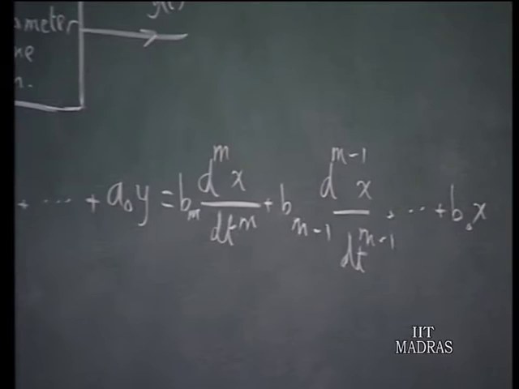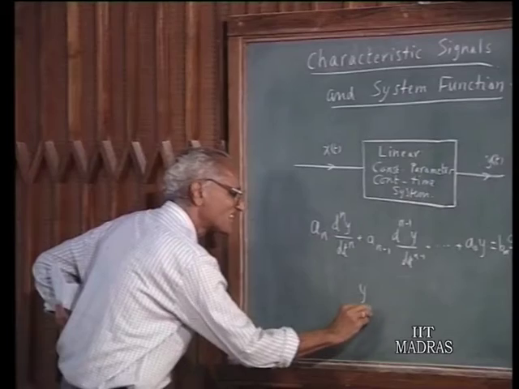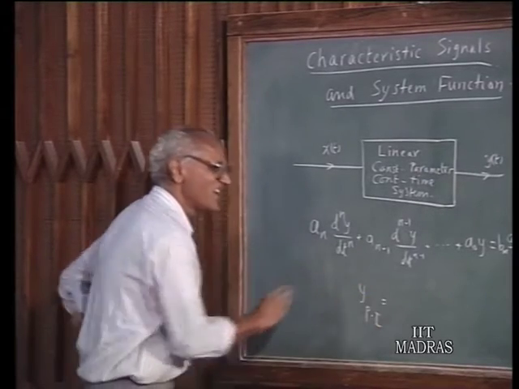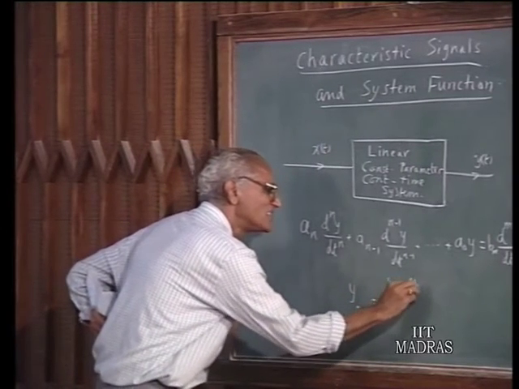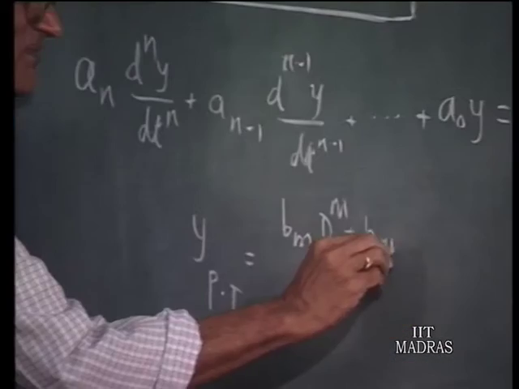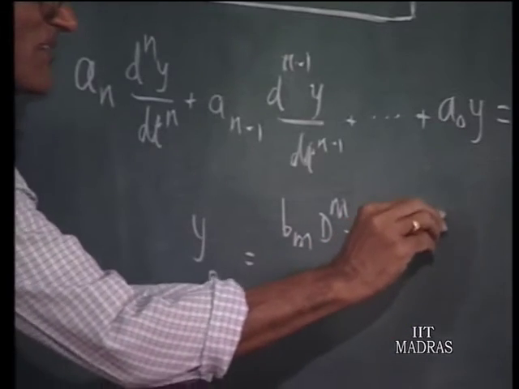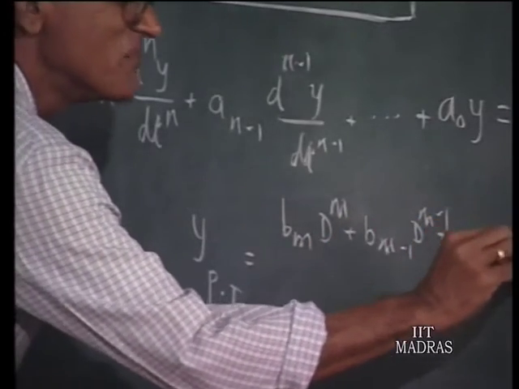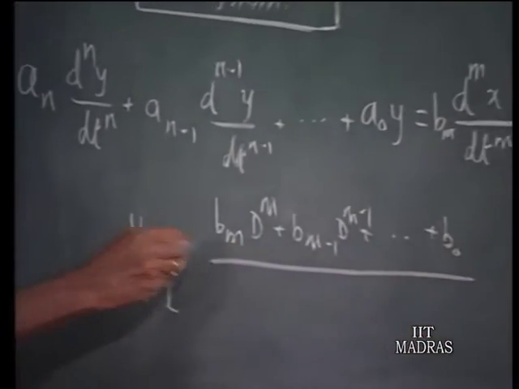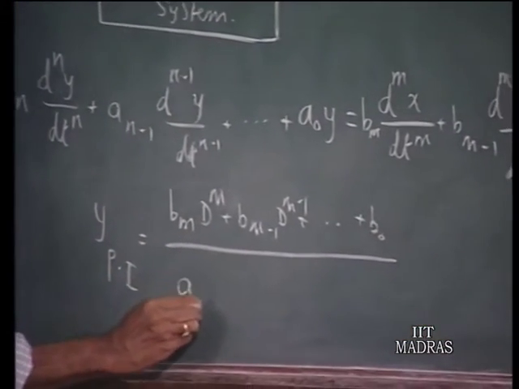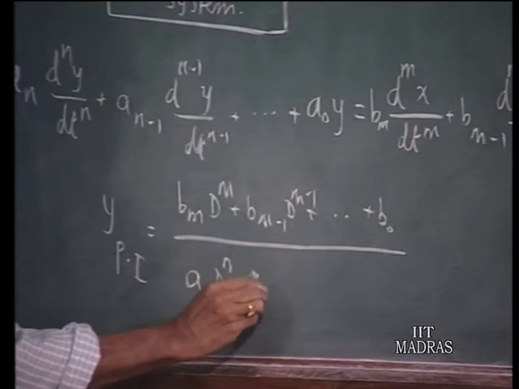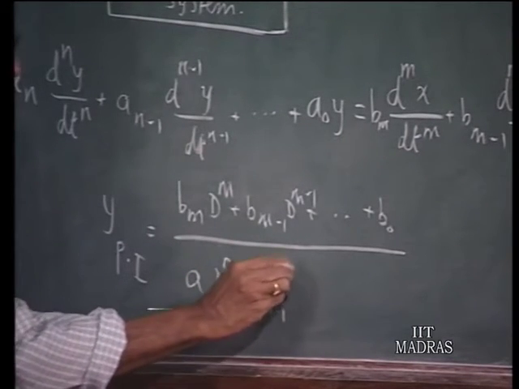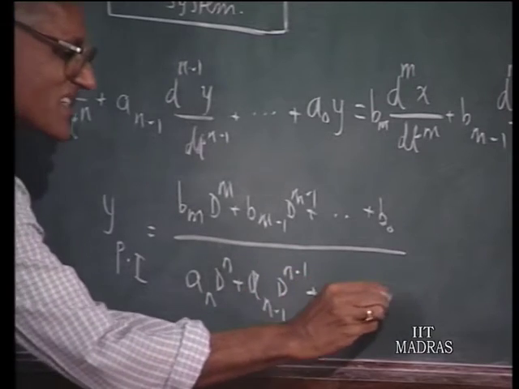Now, the particular integral solution of this is given by the operator b m D^m plus b m minus 1 D^(m minus 1) down the line to b naught, divided by a n D^n plus a n minus 1 D^(n minus 1), and so on, plus a naught.